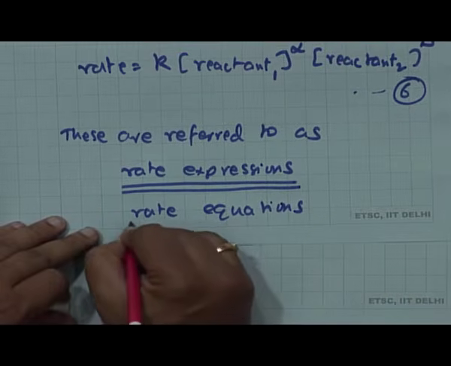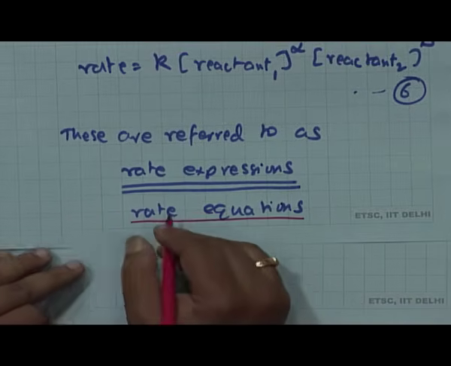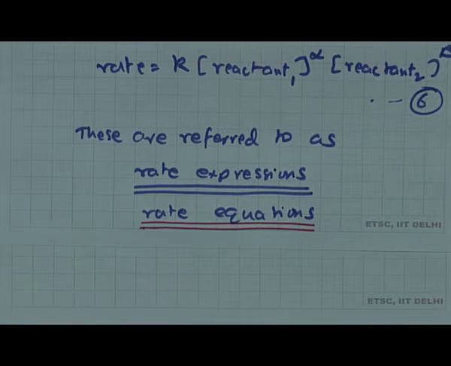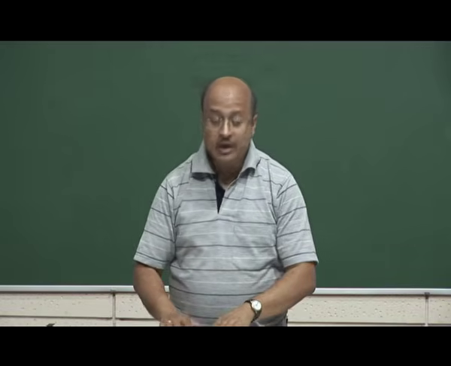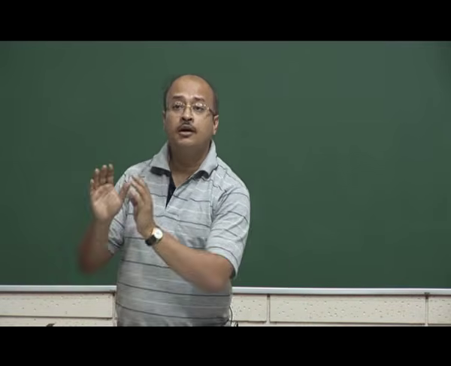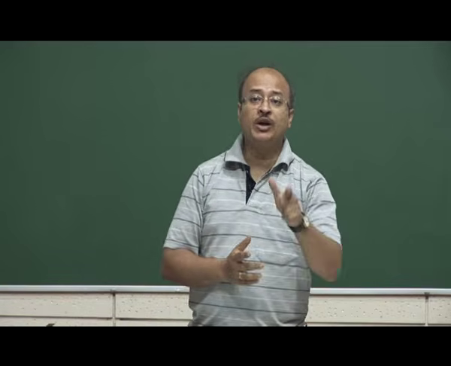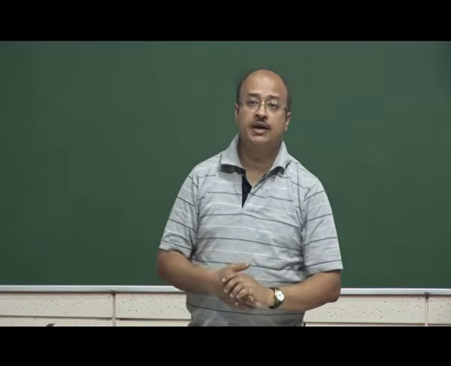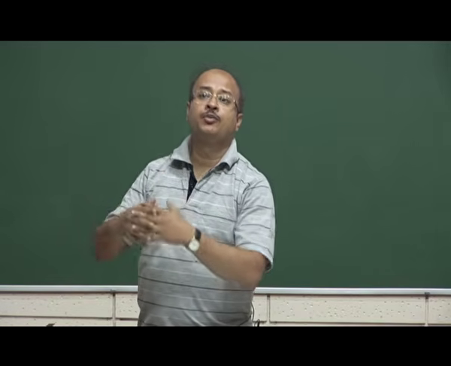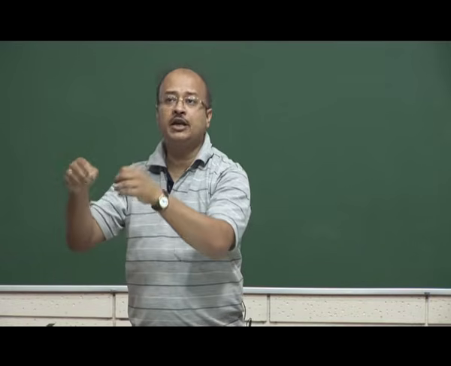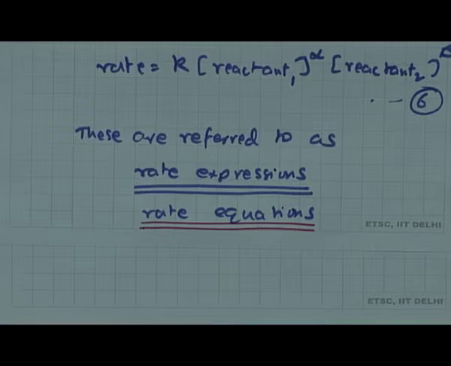Either rate expressions or rate equations, right. And what are they telling you? They are telling you how the rate of the reaction depends upon the component species. If it is one species raised to the power n, if there are 2 species, then the first species is raised to the power alpha and the second species raised to the power beta, these being the individual orders of the specific reactants.